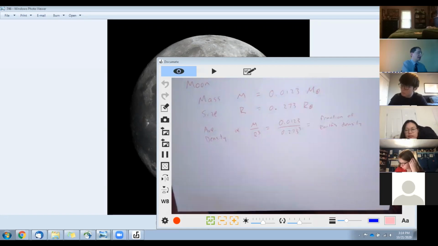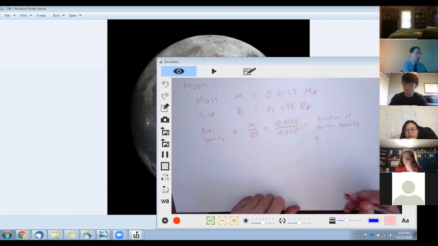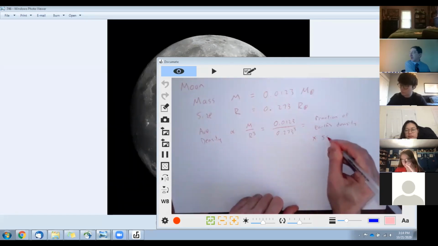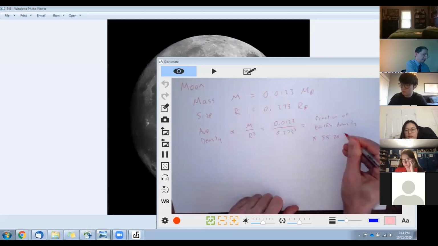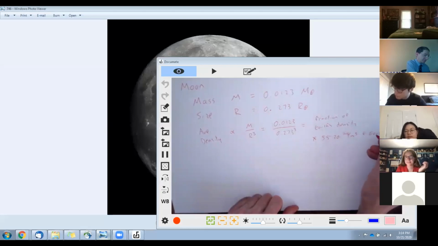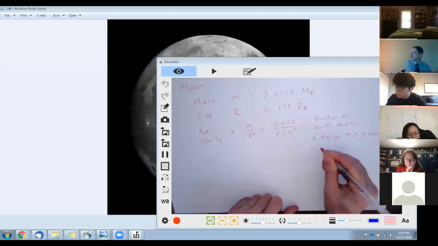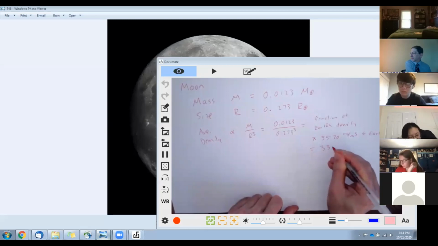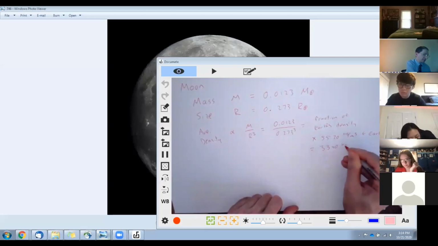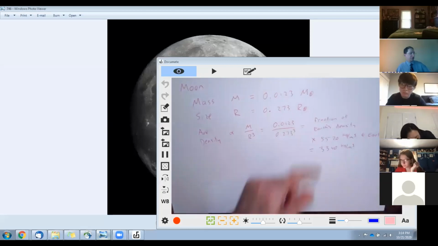Now, if you want to know the moon's density, you just multiply it by Earth's density, which is 5520 kilograms per cubic meter. And this again is Earth's. And then you have the moon's, which turns out to be 3340 kilograms per cubic meter. So this fraction is probably like 60% or something.